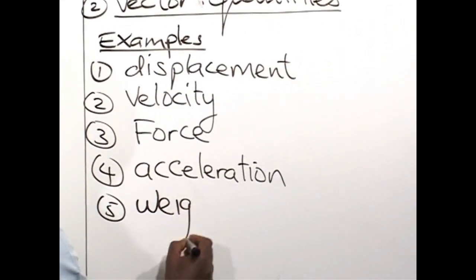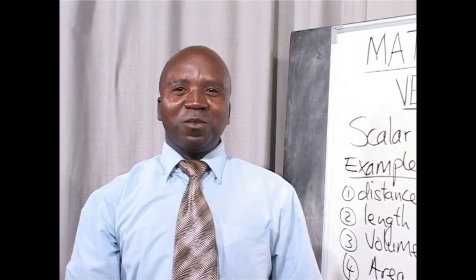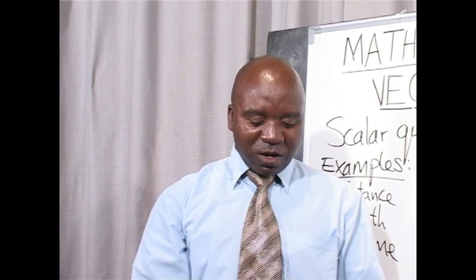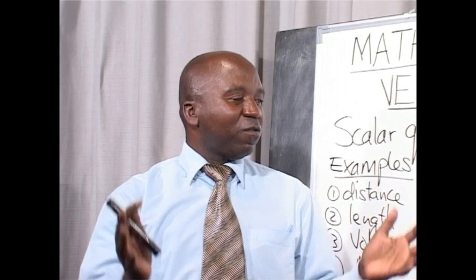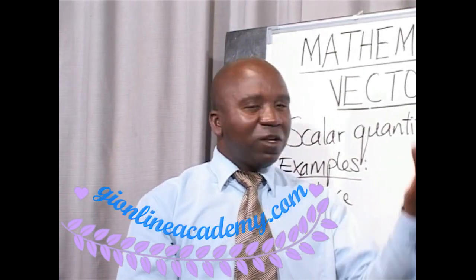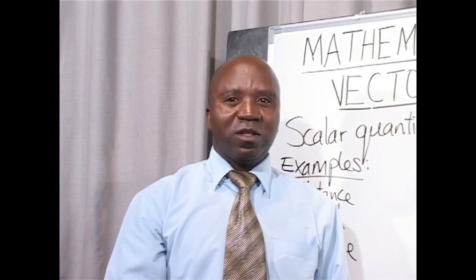Talk of weight. The weight of something, it will be a vector quantity. You might wonder, because we just give the weight in kilograms. Weight, as you know, differs from mass. Mass is the quantity of matter contained in an object. But with weight, the direction is the pull of gravity towards the center of the earth.